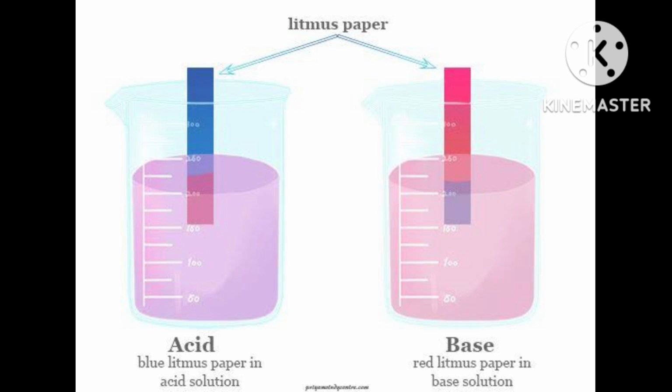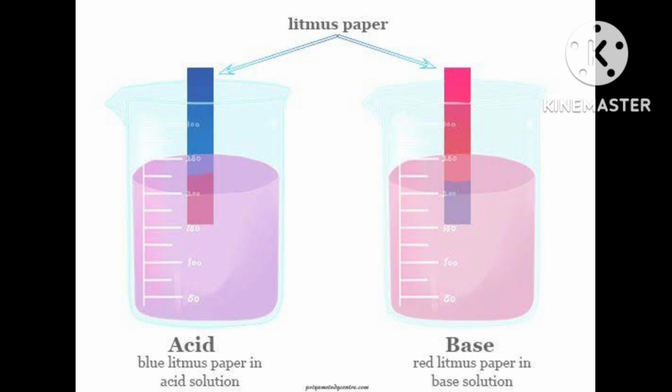I will discuss both today, and also a third one, the Brønsted-Lowry acids and bases. Three concepts are there, and I will discuss all three. First, the Arrhenius concept. Second, Brønsted-Lowry acids and bases. And third, Lewis acids and bases.